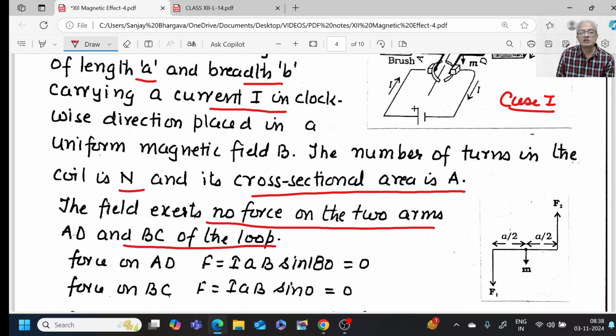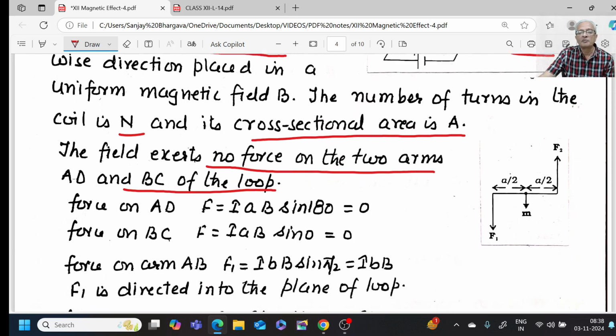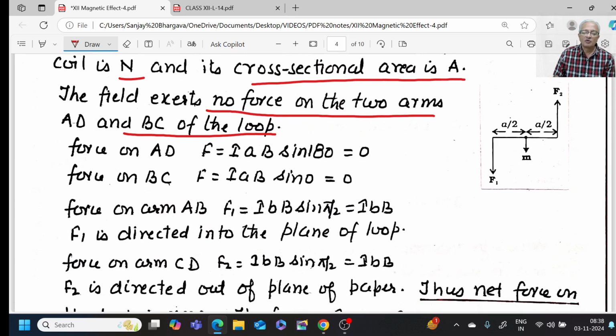Why? Because these two arms are parallel to the direction of the magnetic field. So one arm is parallel, another is anti-parallel, making an angle of either 0 or 180. And remember, sine 0 is 0 and sine 180 is also 0. Therefore, the force on the arms AD and BC would be equal to 0.